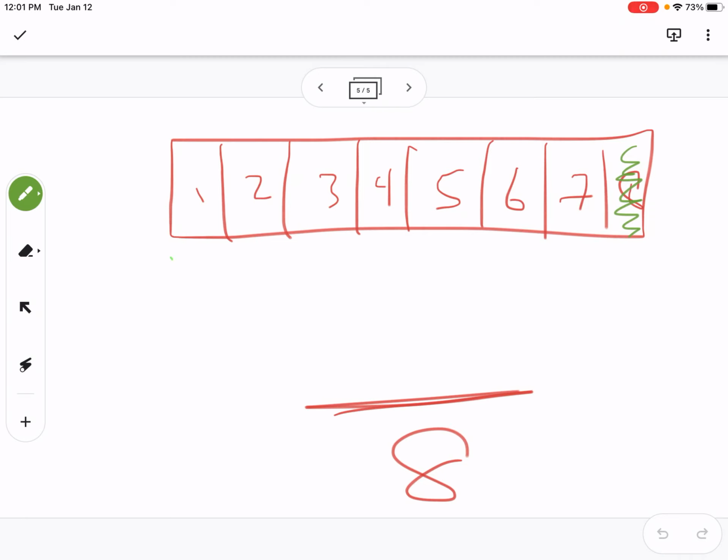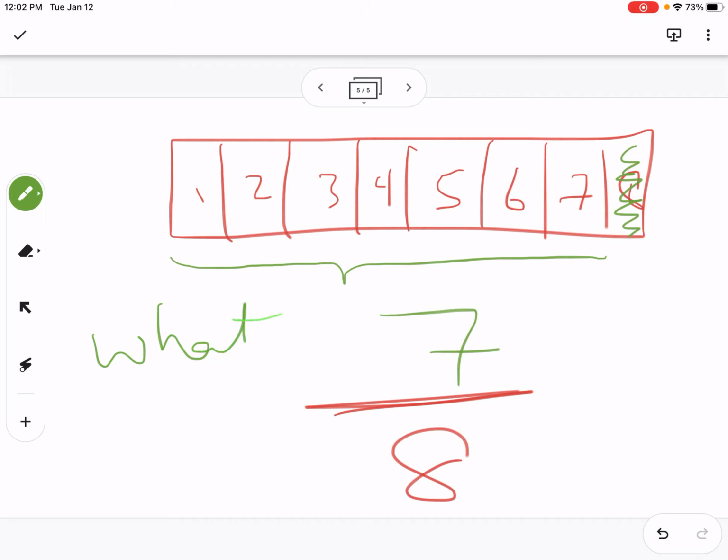Well, I did not get those 7 pieces. So remember again, fraction, bottom number, how many to make 1 whole. Top is how much am I talking about? I'm talking about what I did not get. I did not get 7. So in this case, 7/8 is what I did not get.